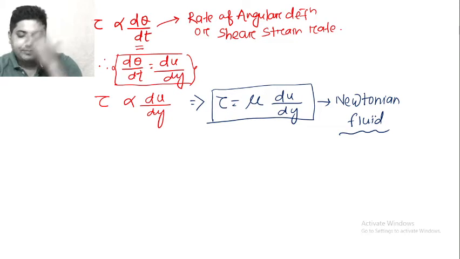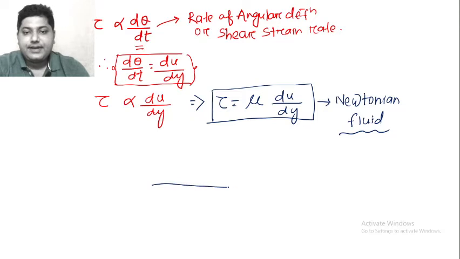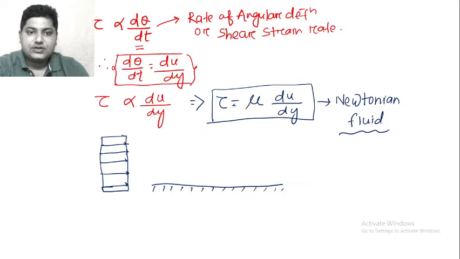Okay, now let's understand this point. Suppose this is the bed part, and here there will be a free stream velocity, which does not have any contact with the bed surface, and this bed surface is stationary in position.